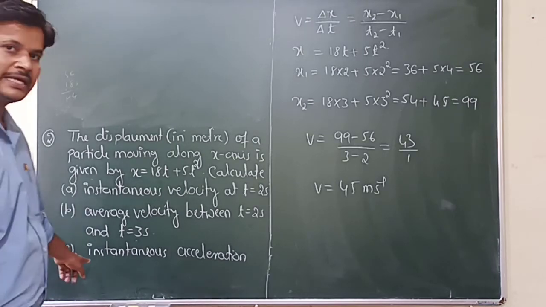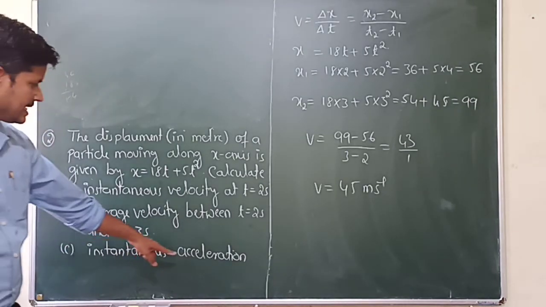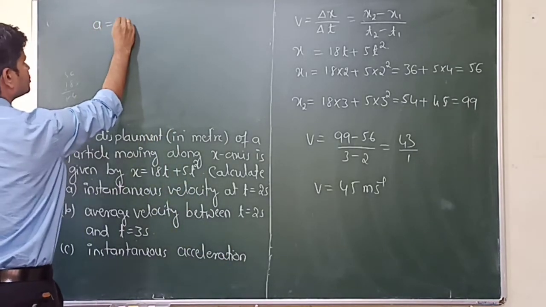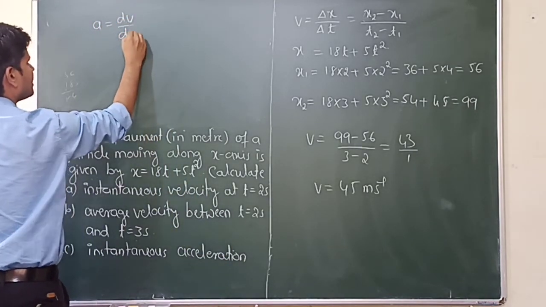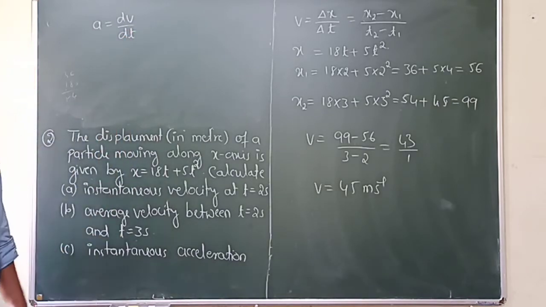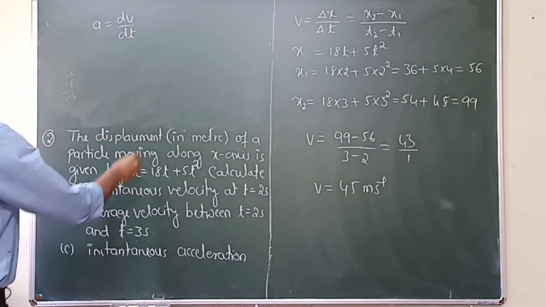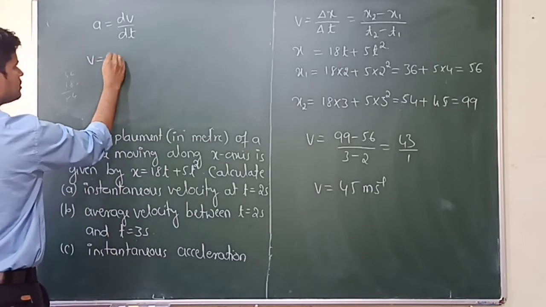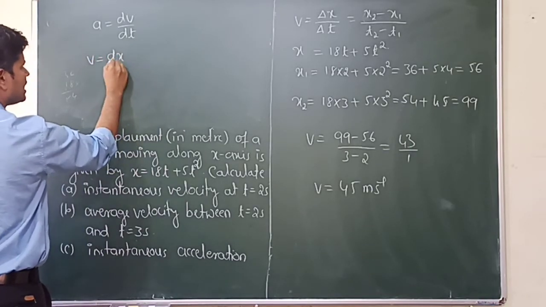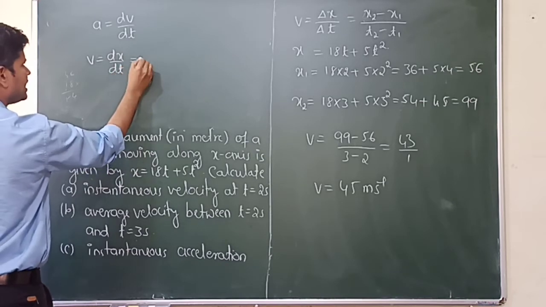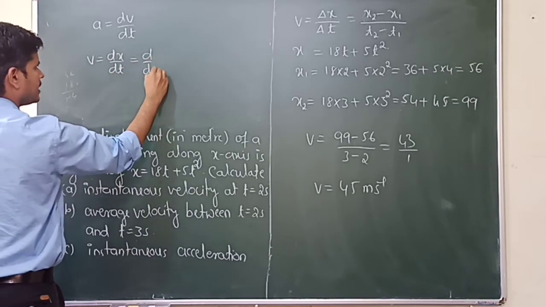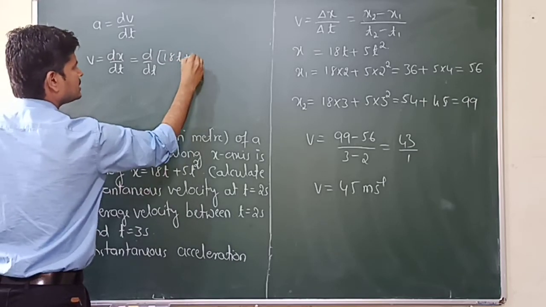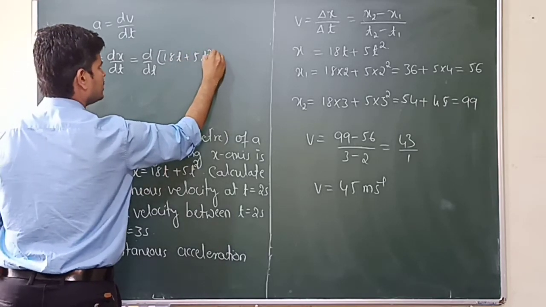And the last is asking instantaneous acceleration. Acceleration is equal to dv by dt. And we know that v is equal to dx by dt, and that is d by dt of 18t plus 5t square.